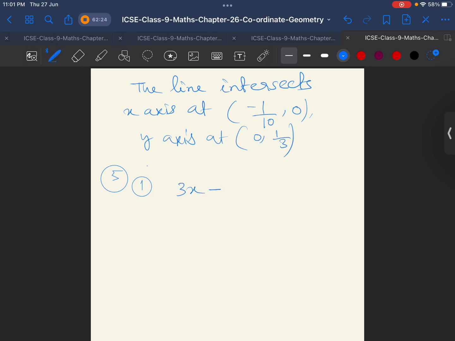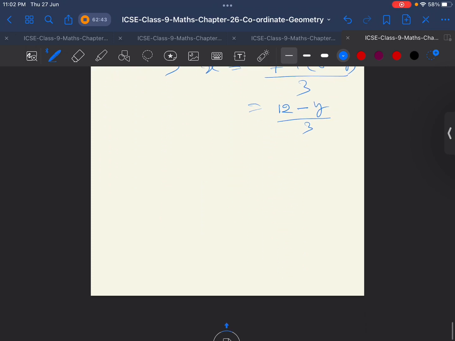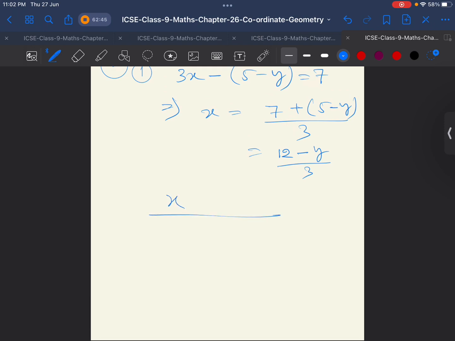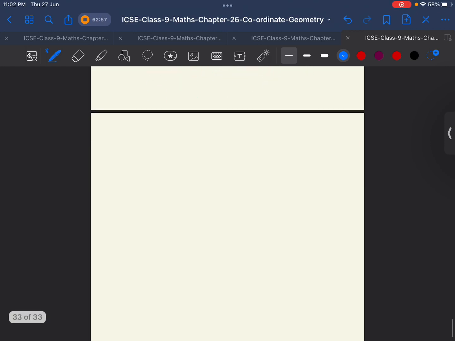So here the first question is 3x minus 5 minus y equals 7, which implies x equals 7 plus 5 minus y by 3, that is 12 minus y by 3. The table is here. When y is 0, x is 4; when y is 3, x is 3; when y is 12, x is 0, okay.